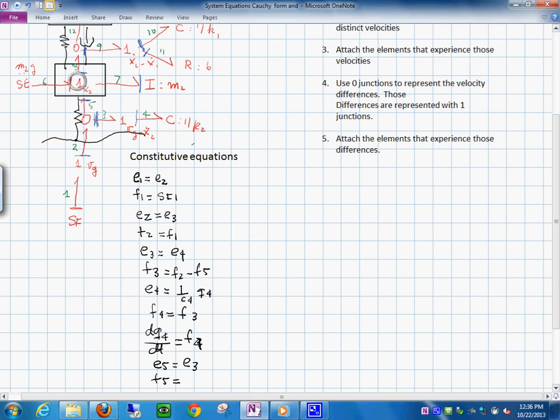So E sub 6. See, I am writing individual equations. E6 is E5, F sub 6 is F sub 7.